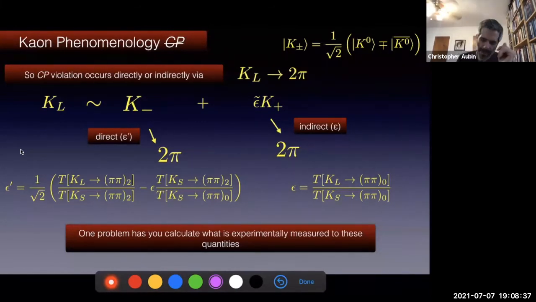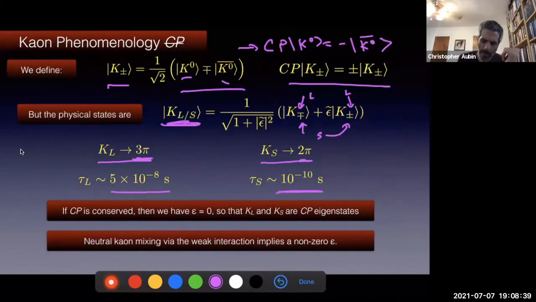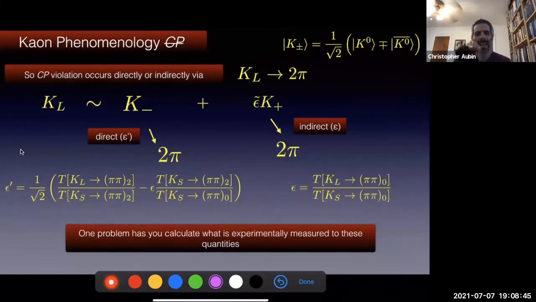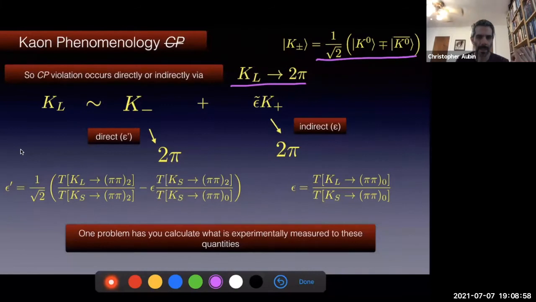And the idea is, if I jump back here, K long has basically a K minus and then epsilon times K plus. I dropped the prefactor here. So this is K long going to 2 pi as a possibility.